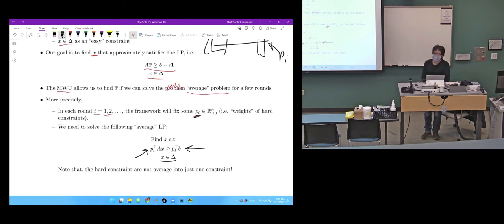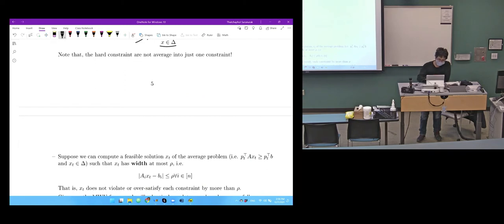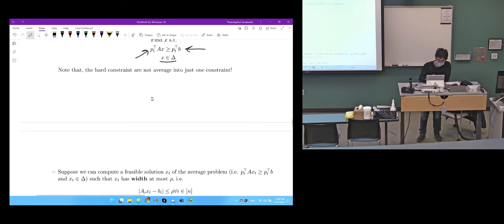In each round, the framework gives you the weight. You solve this average problem. Suppose that you can solve this problem. For every round, we'll have a different x.